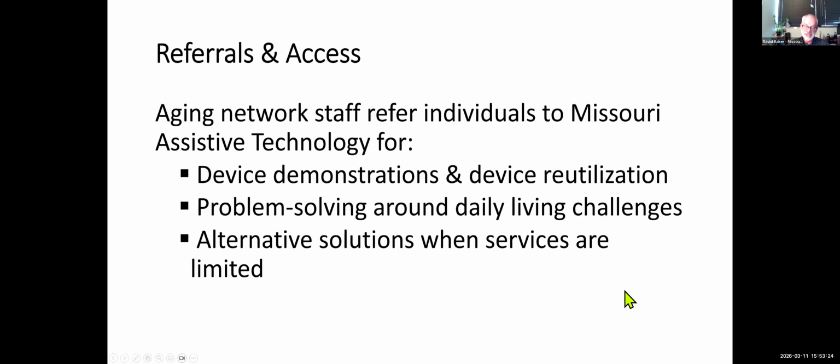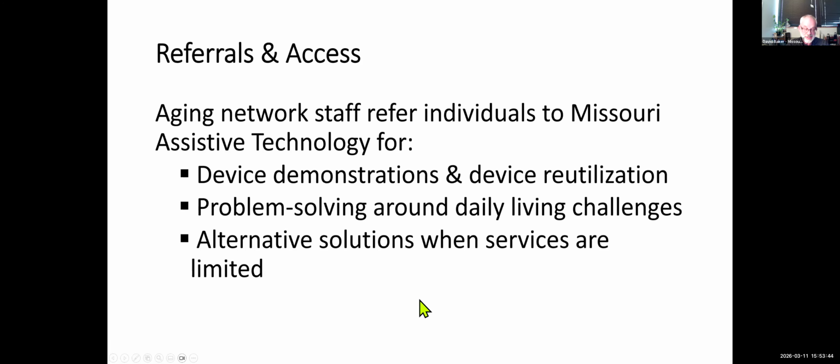And then if there is not something directly available, we are also aware of some alternative solutions when services are limited, or maybe we can tap into a program we have to help them get that piece of assistive technology that can help them continue to live independently and safely.